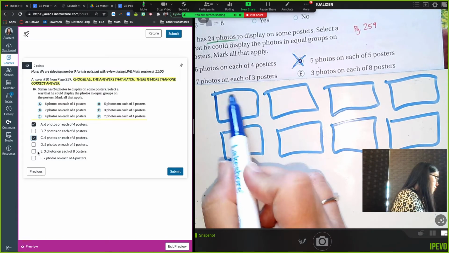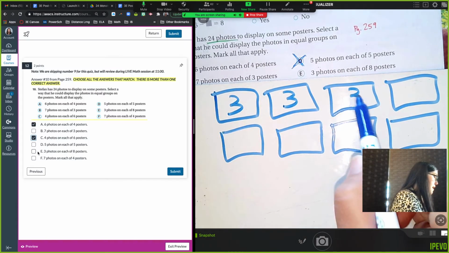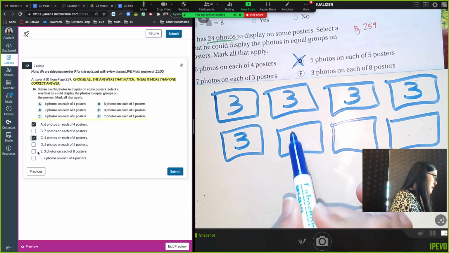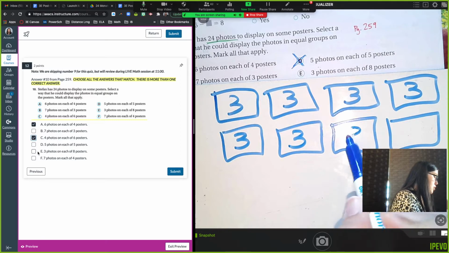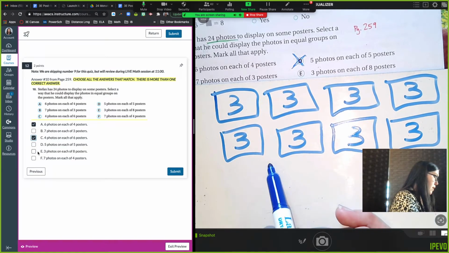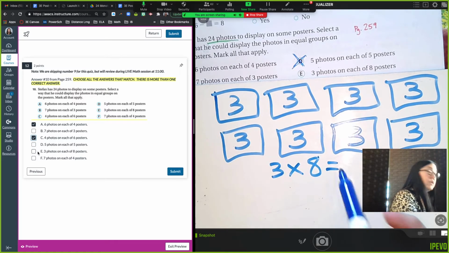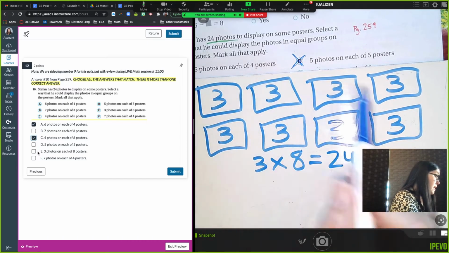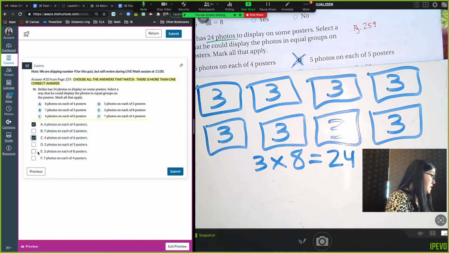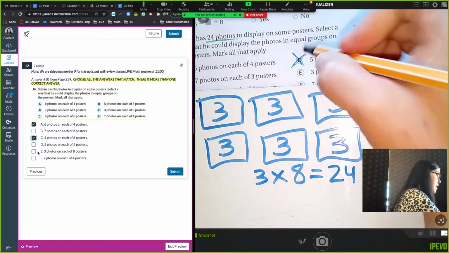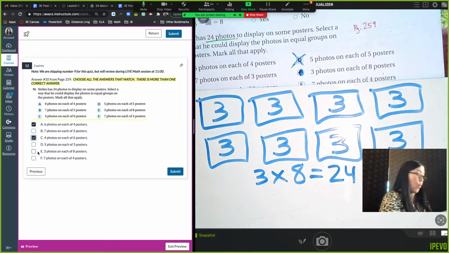And 3, 6, 9, 12, 15, 18, 21, 24. Does that work? 3 times 8 equals 24. So that is separating out and dividing his 24 photos onto 8 posters with 3 on each. So E works. So I'll mark E.